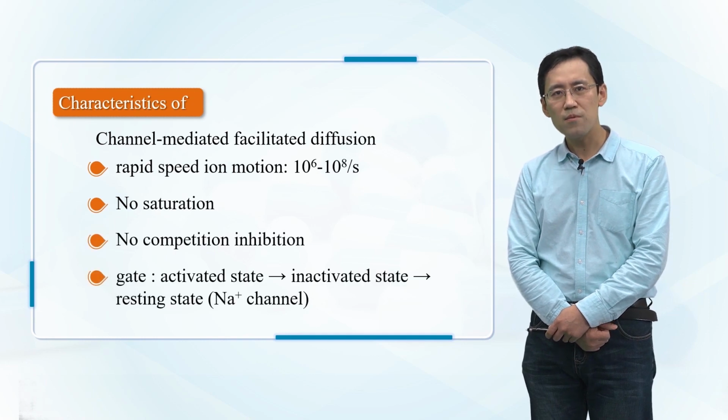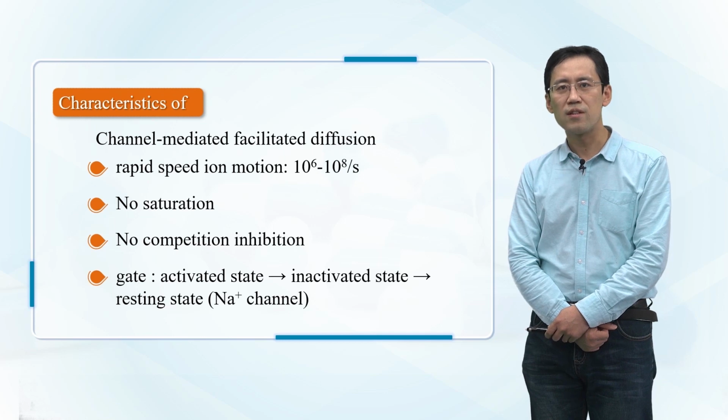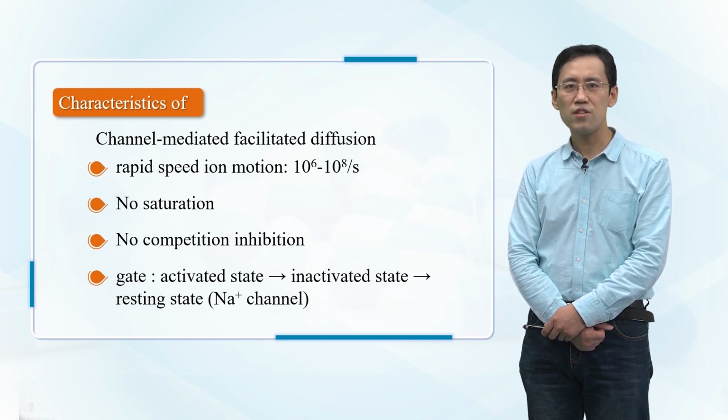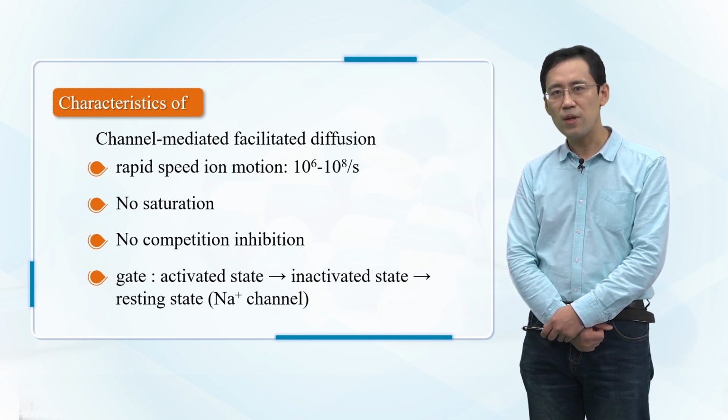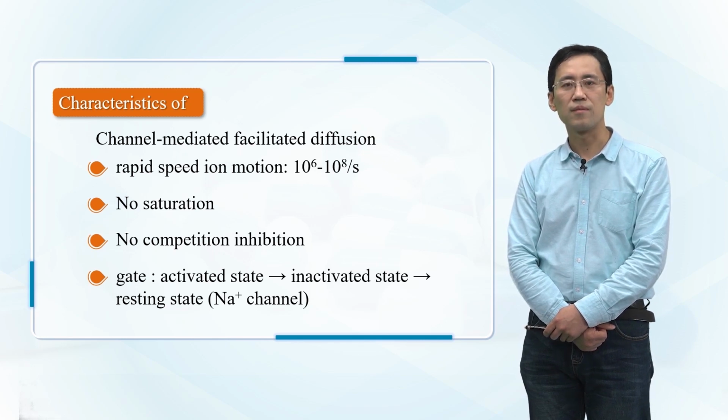So let's summarize. The characteristics of channel-mediated facilitated diffusion include rapid speed, no saturation, and no competition inhibition. The gate can have three states: activated state, inactivated state, and resting state.